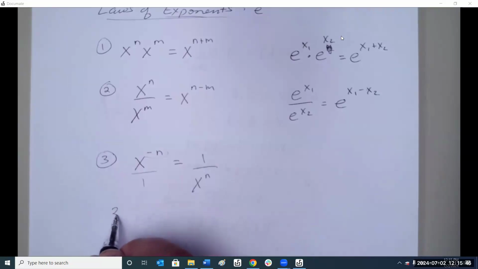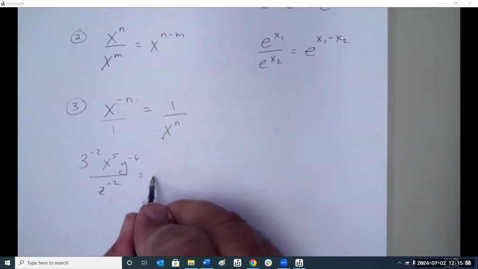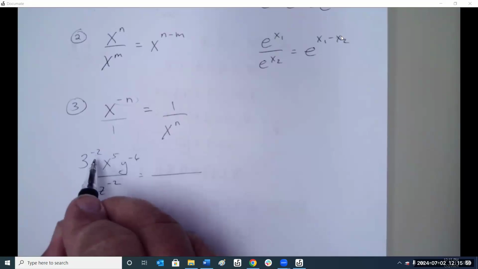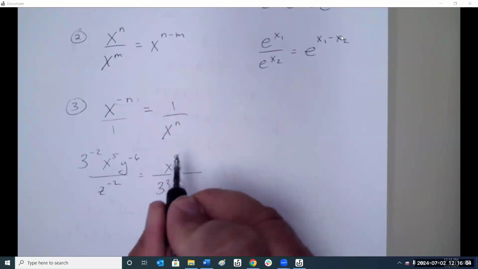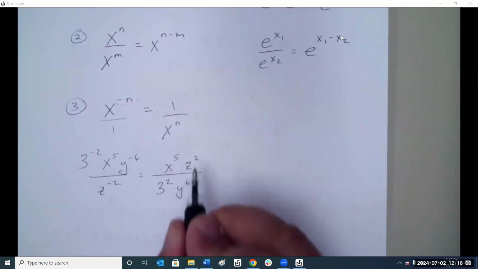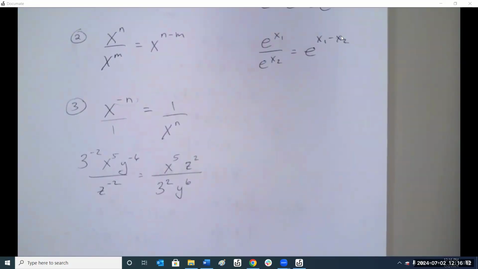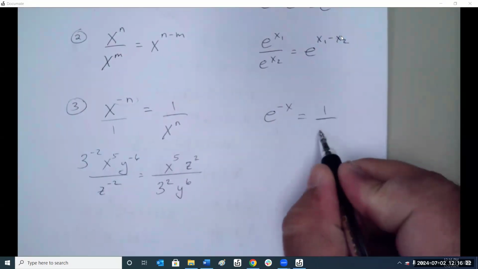Even if we had something like this, 3 to the power negative 2, x to the fifth, y to the negative 6 over z to the negative 2. If it's got a negative exponent, it goes on the other side of the line. That's a negative, so it goes down. Only thing you do is drop the negative. That's what that rule says. So if you have a negative exponent, it simply means we take the reciprocal of it.